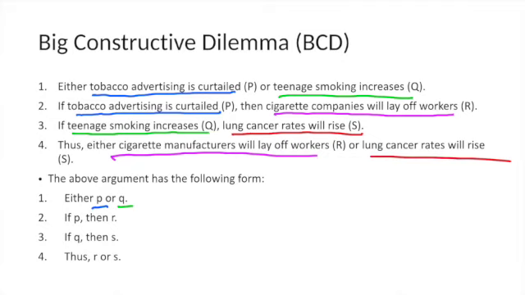Each of those disjuncts becomes an antecedent in two different conditional premises, 2 and 3 respectively. Then each of those antecedents has an implication, R in premise 2 and S in premise 3, and then each of those consequents in 2 and 3 becomes a disjunct in the conclusion line of the argument.